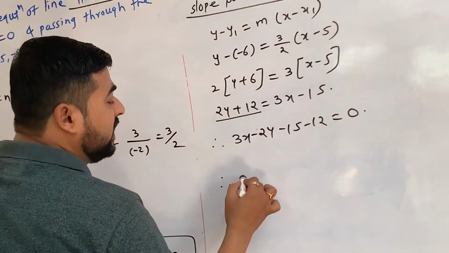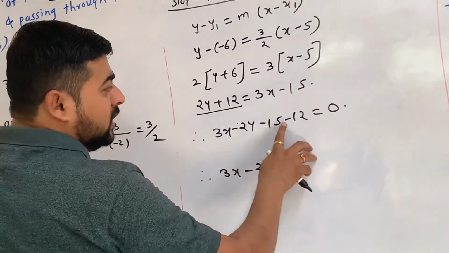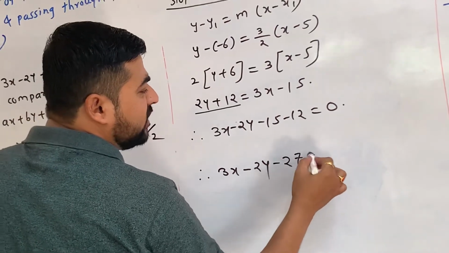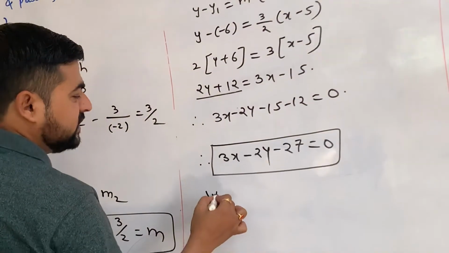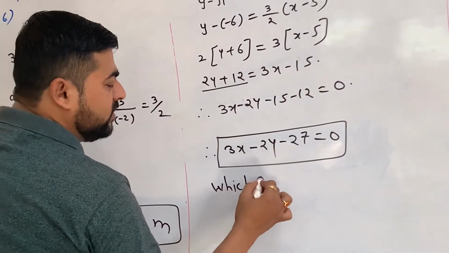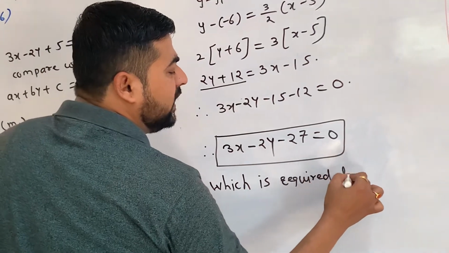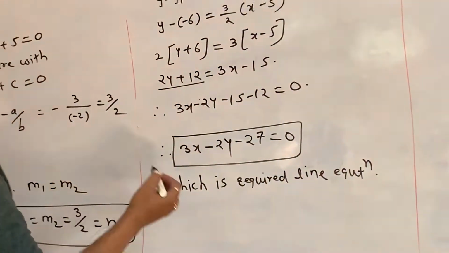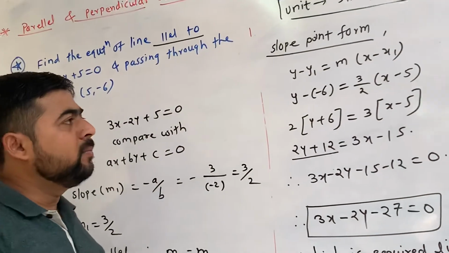Hence the final line equation is 3x minus 2y minus 27 is equal to 0, which is the required line equation. That is the final answer for this problem. This is the parallel condition problem.